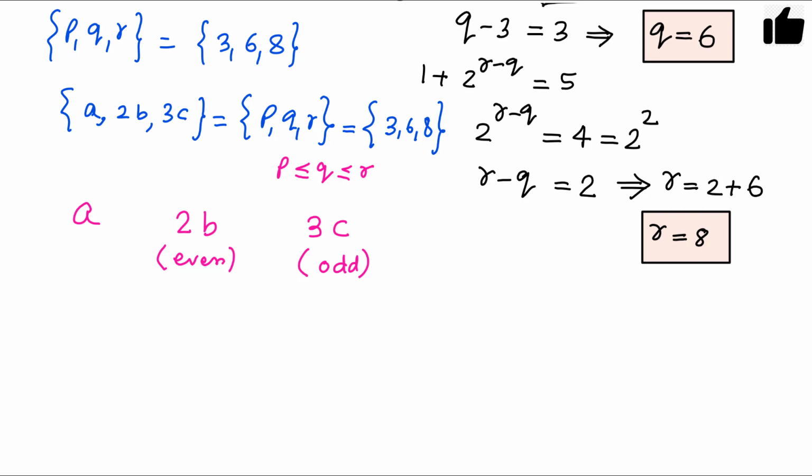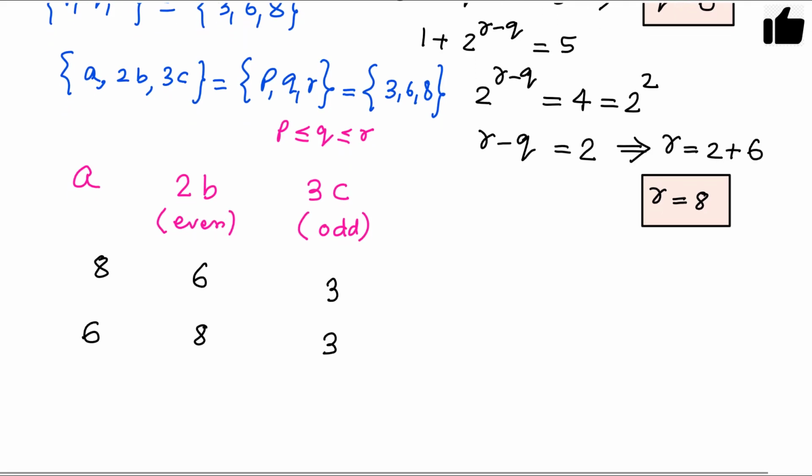So let us say this number is 3 because this has to be odd. So there is only one possibility. This is 3. Now this can be 6 or this can be 8. So there are two possibilities for 2b. So this can be 8. If this is 8, then this is 6. And if this is 6, then this is 8. So you have two possibilities.